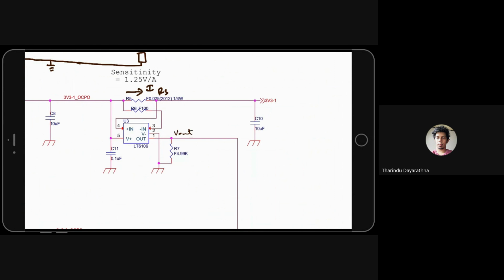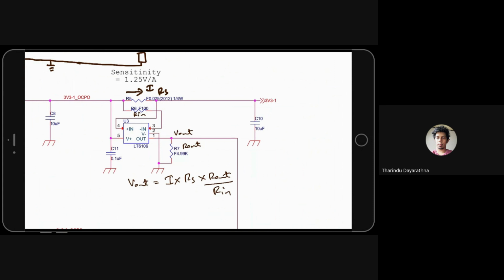This V out is equal to I times Rs times R out divided by R in. This is R in, and this is R out. So by changing your R out, R in, and Rs, you can have a proper voltage output.